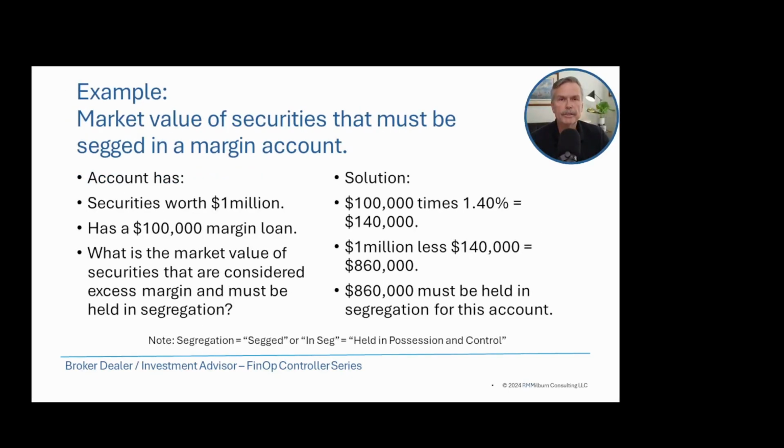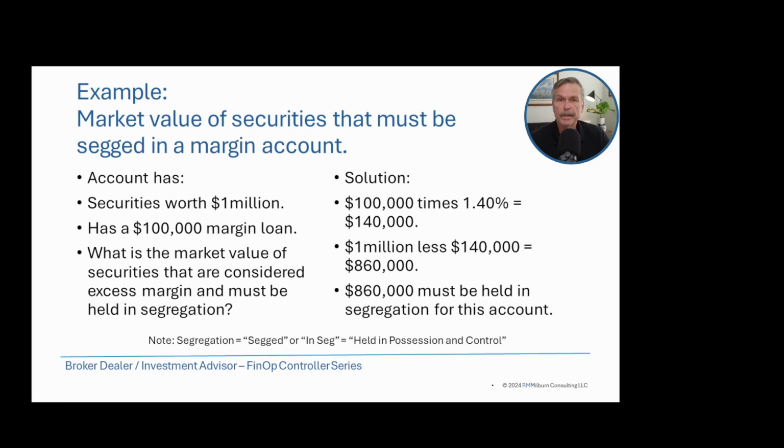To illustrate, let's go through a simple example. Here we have an account that has securities worth $1 million, and it also has a $100,000 margin loan. So our question is, what is the market value of the securities that are considered excess margin and must be held in segregation? The solution is as follows.